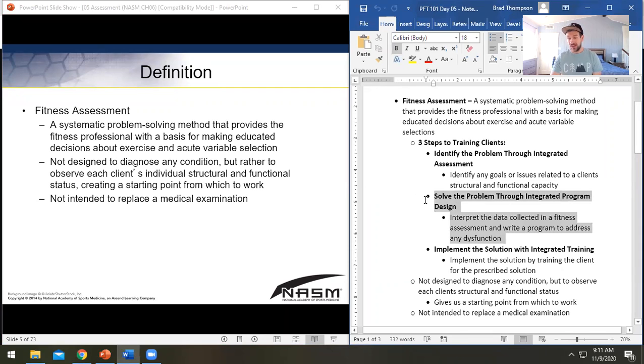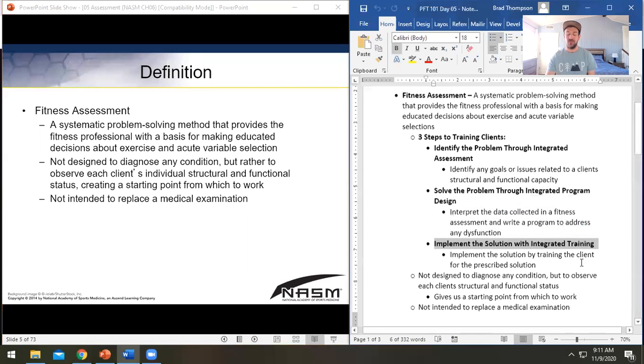But how many of you have purchased a program off the internet, or had a trainer write a program for you, or gone online and found a really good program and put it all together? Your client can have the greatest program in the world. Doing it is where step 3 comes in. Step 3 is implementing the solution with integrated training.